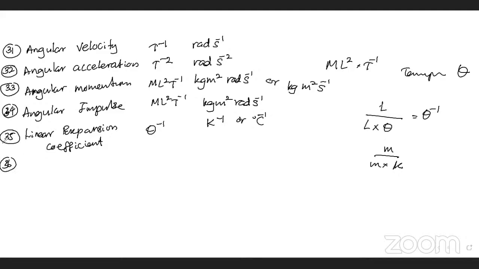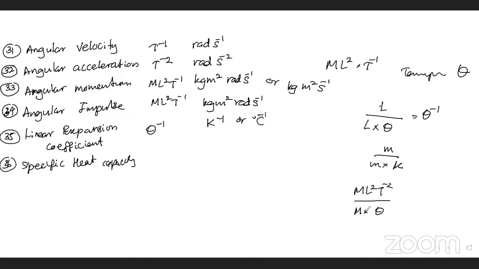Six. Specific heat capacity. It is the heat required divided by mass and divided by the temperature change.